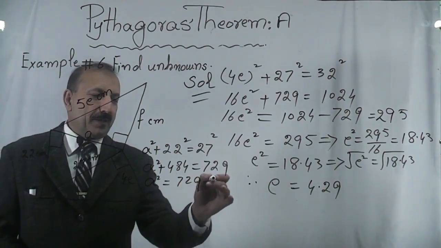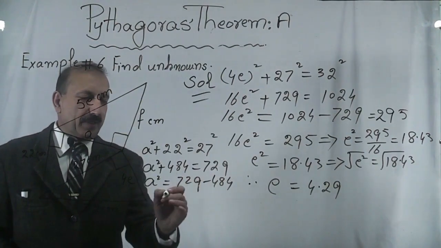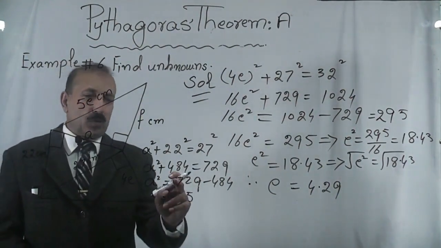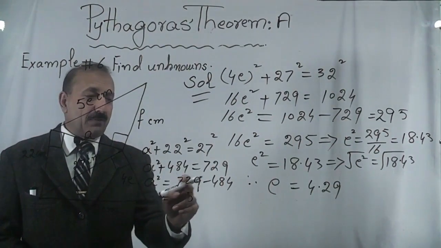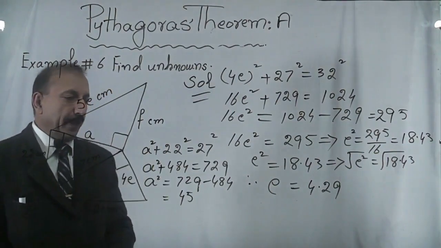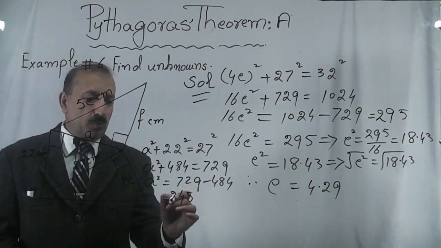729 minus 484. Subtracting 4 from 9 will give us 5, and then let's borrow 1 from here, 12, and subtracting 8 from 12 we will get 4, and now remaining we have 6 here, subtract 4 from 6 we will get 2 here.